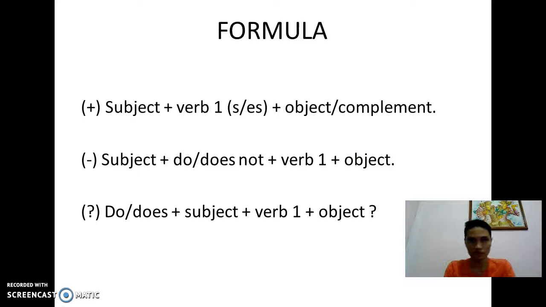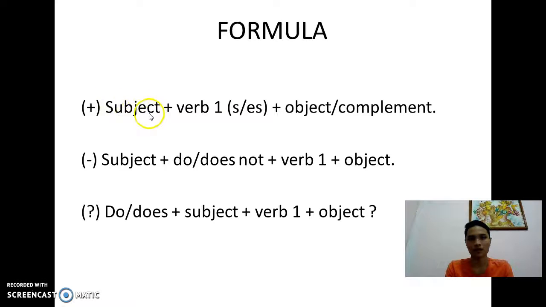And we move to the formula. The formula of simple present. There are positive form, negative form, and then interrogative form. The positive form first. We start from the subject.